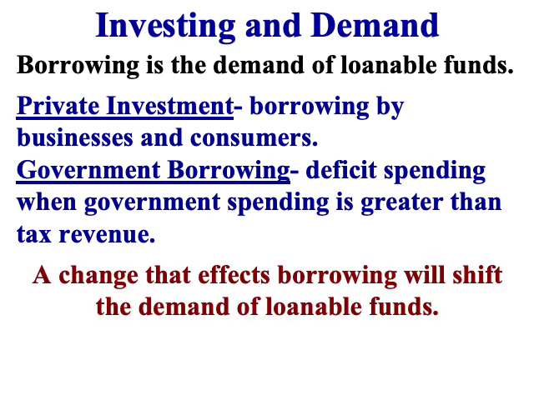Okay, a change that affects borrowing will shift the demand for loanable funds. So if you get an indication that private households or the government want to borrow more, that's going to increase demand to the right. And if you get an indication that borrowers want to borrow less, then that's going to decrease demand to the left.